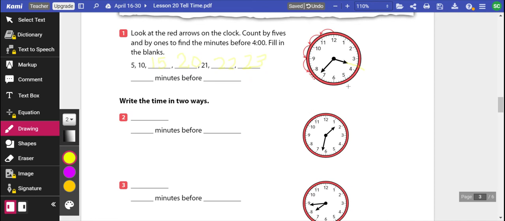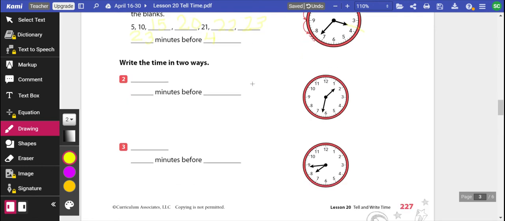So I can say this time as 23 minutes before 4 o'clock, because we're not at 4 o'clock yet. So it's 23 minutes before 4. Another way that I could say this time would be 3:37, or 23 minutes before 4.